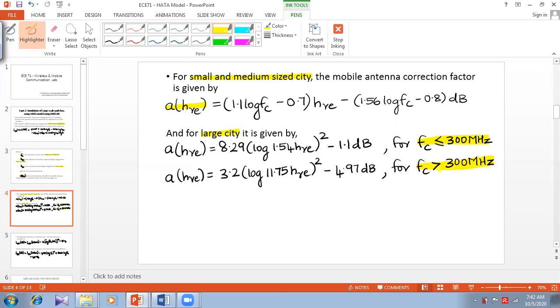Similarly, if your frequency is greater than 300 megahertz, a(hre) is equal to 3.2 into (log 11.75 hre) the whole squared minus 4.97 dB. This was the mobile antenna correction factor given by Hata to be used in this equation.